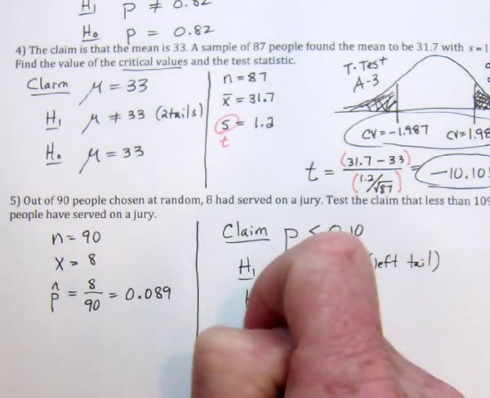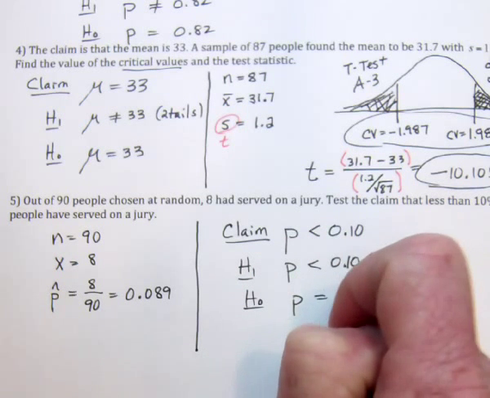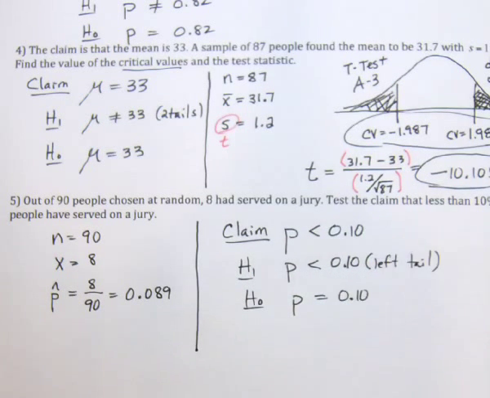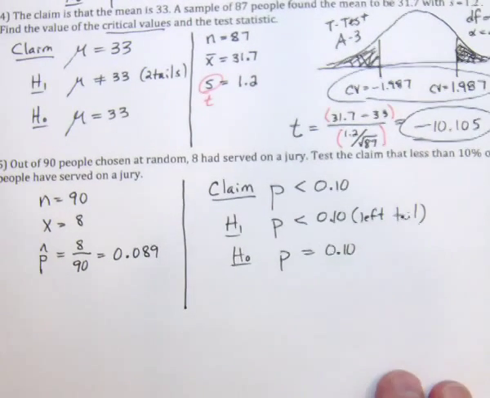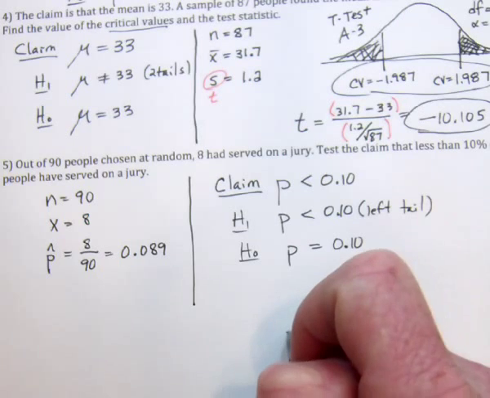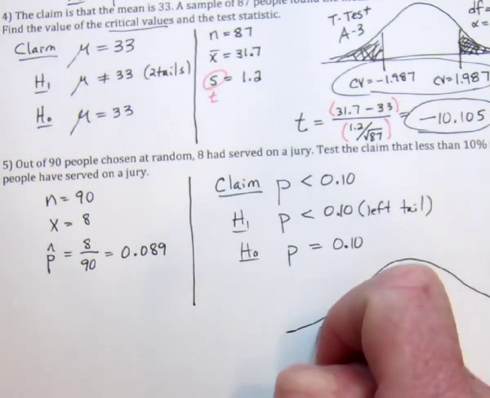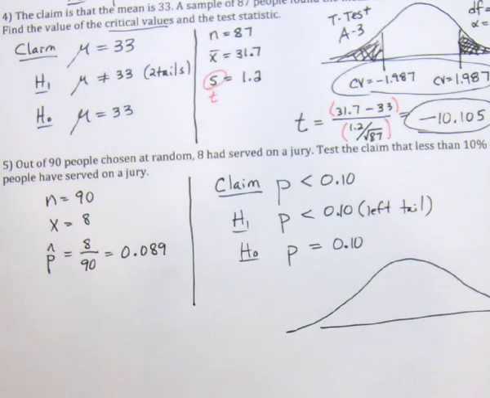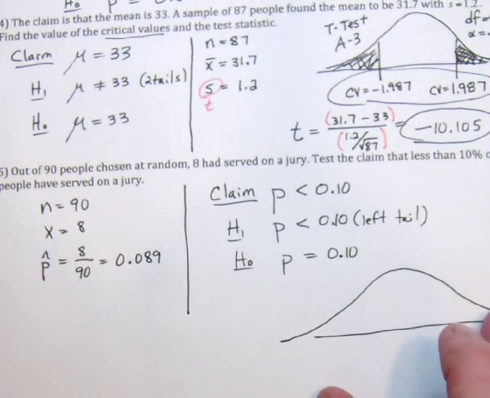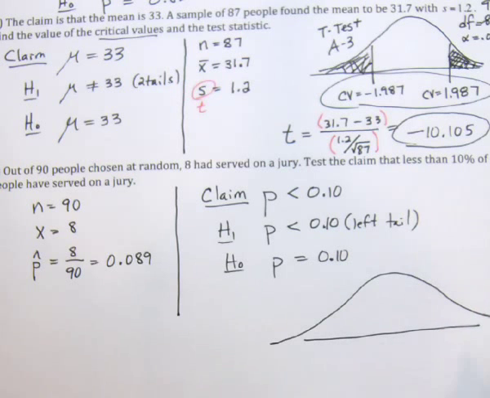And then, like I said, H sub o always has equals, no matter what the other guys have. And then I can draw my little bell-shaped curve right here. So once again, I did not say what to use for the level of confidence in this problem, so use 95%. That means alpha equals 0.05.